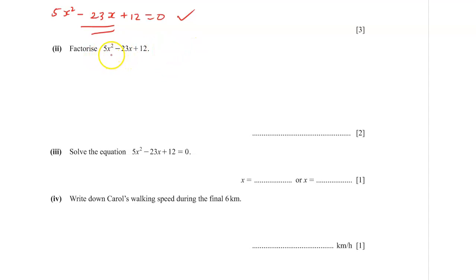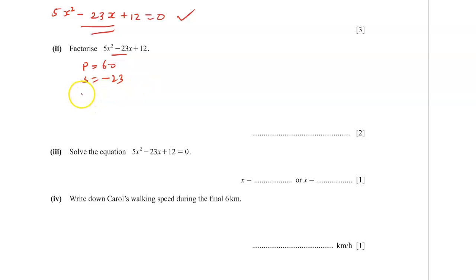Part 2, factorize this expression. Factorize that as we say: product is 5 times 12, which is 60. Sum is minus 23. So which two numbers multiply to get 60 and add to get minus 23?